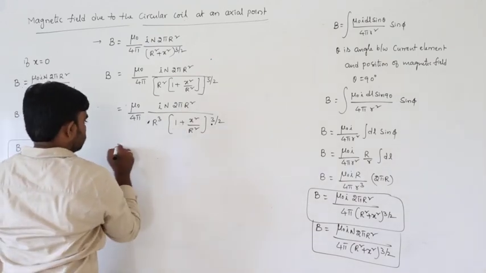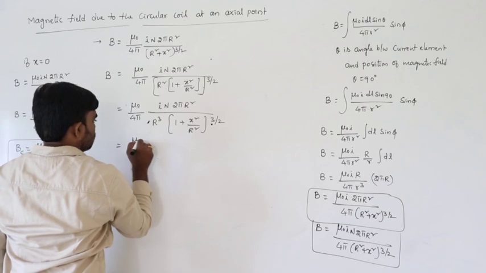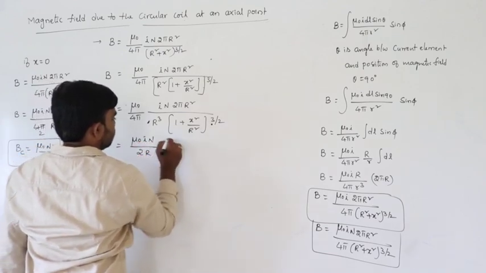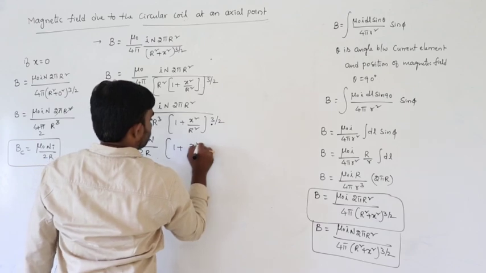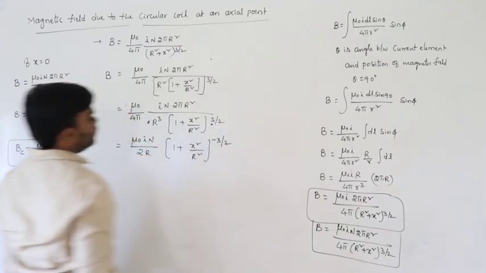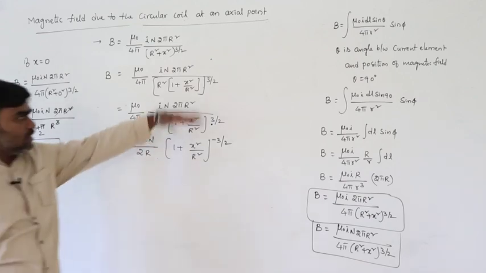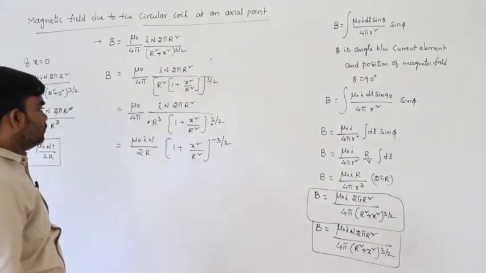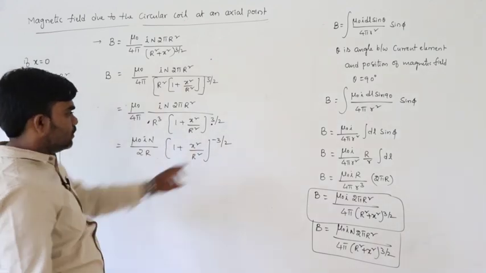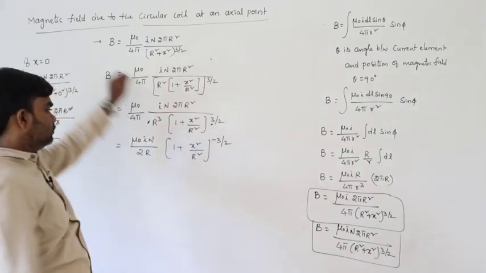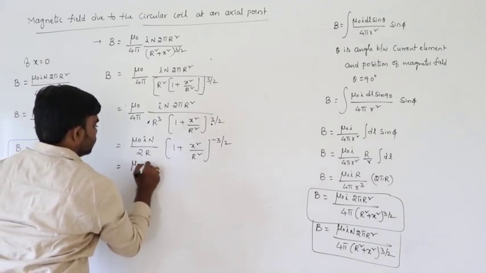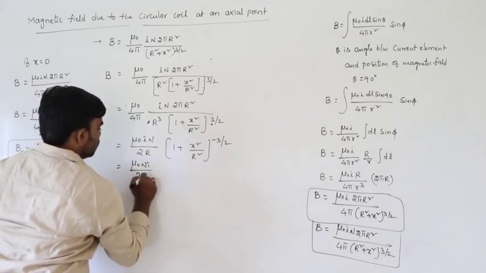R square by r cube, 2 pi cancels, mu naught I n divided by 2r into, this can be written as 1 plus x square by r square whole power minus 3 by 2. This denominator comes to the root. Mu naught n I by 2r into 1 plus x square by r square whole power minus 3 by 2. So this is equal to mu naught n I by 2r.